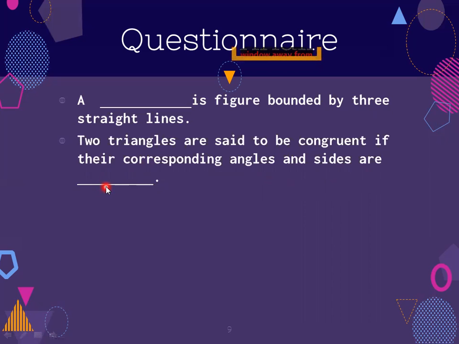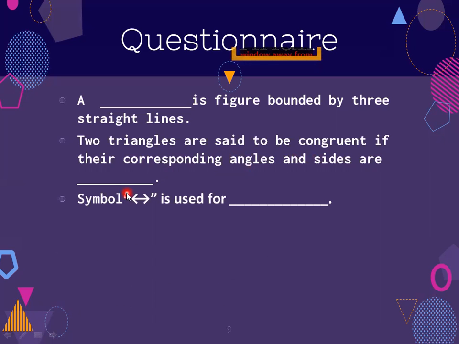Are they congruent, unequal, perpendicular or parallel? When will you say that two triangles are congruent? You will say that when their corresponding angles and sides are also congruent. So two triangles are said to be congruent if their corresponding angles and sides are also congruent.